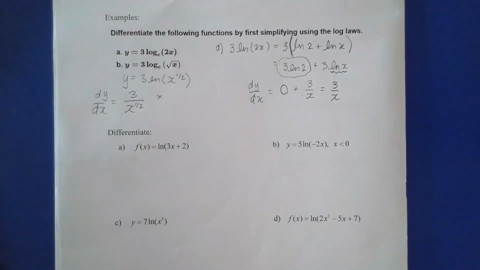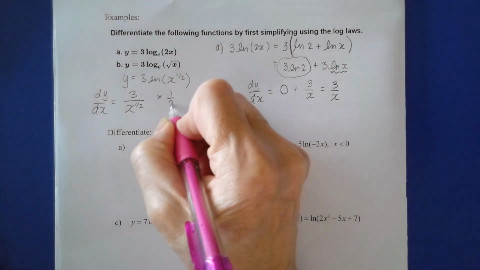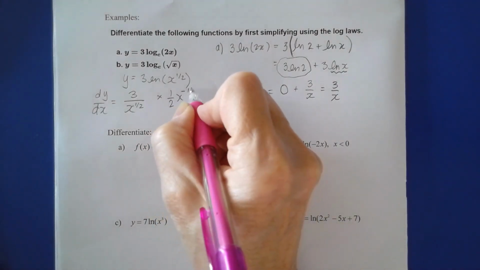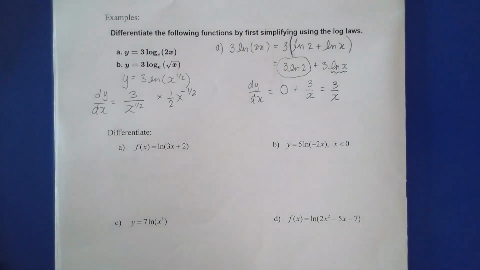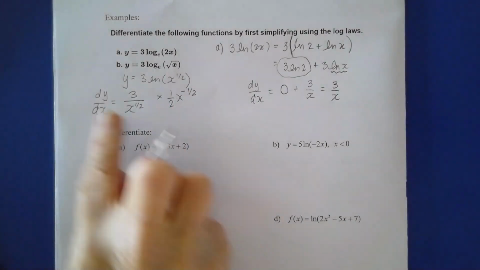What's the derivative of x to the 1/2? Half x to the negative half? Okay. Wow, that's a lot of stuff, isn't it? How am I going to simplify that? What is remaining on the top of the fraction when you get down to it?